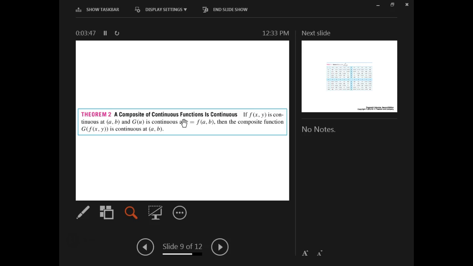So you couldn't go the other way, because f is a function of two variables, and g only has one output. So you can only head this direction in this case, okay? But then g of f of x,y is continuous at the point a,b, because f is continuous at a,b, and g is continuous at that value f of a,b, so therefore g is continuous at a,b.